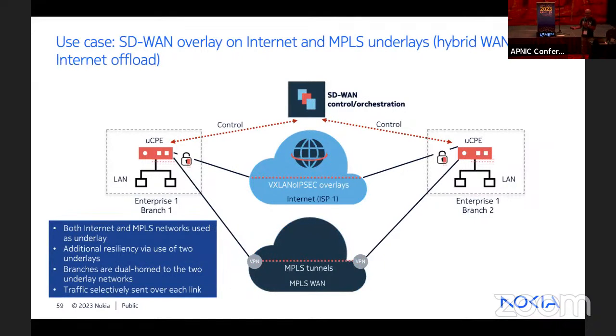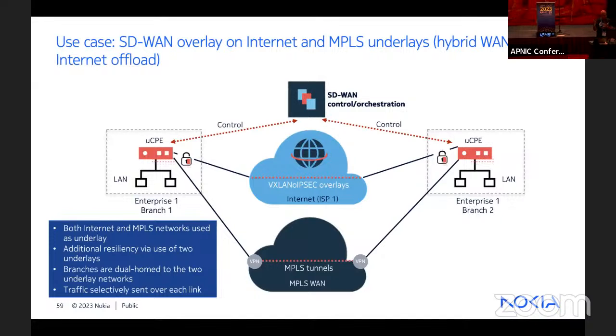Okay, hybrid. There are different types of hybrid. This one is the same as the first example, but as well as that, we have a link to an MPLS network. So here, we are using the MPLS network as an underlay for the SD-WAN service.